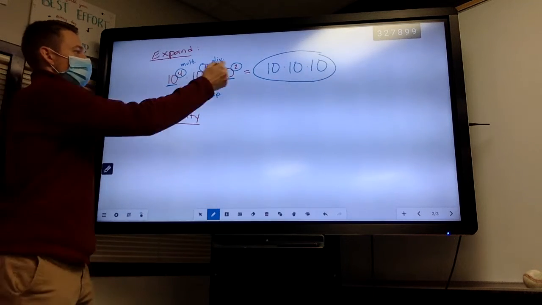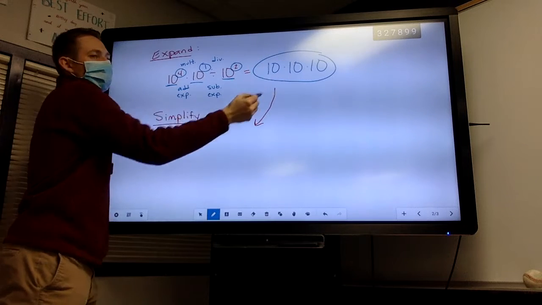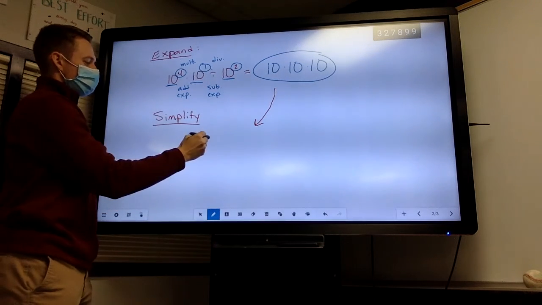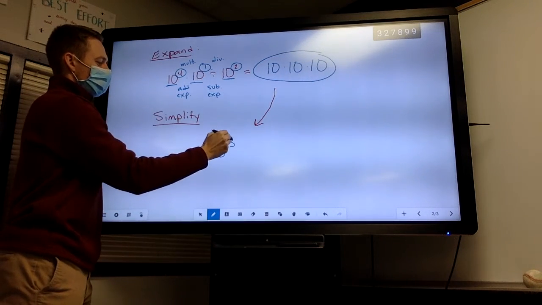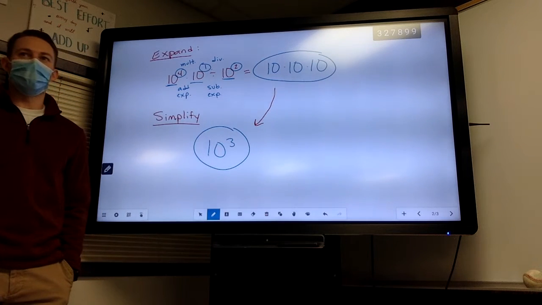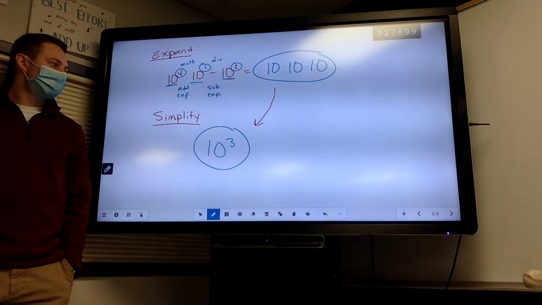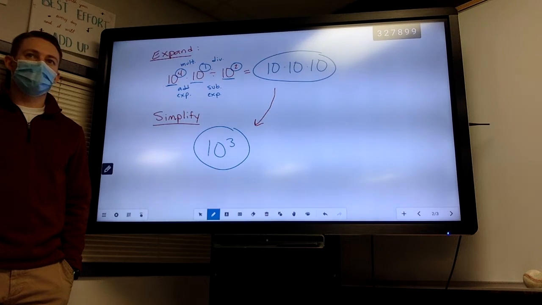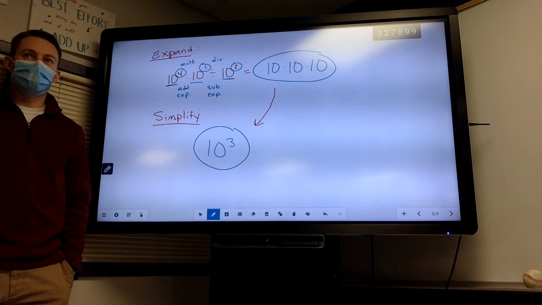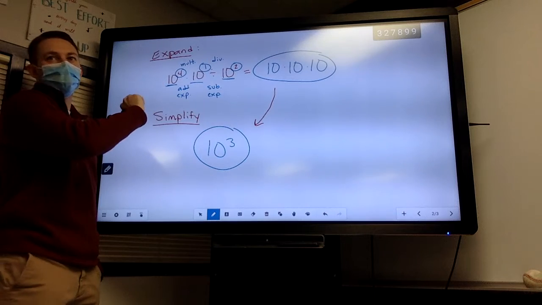And then if we want to simplify this, going down here, how many 10's do we have? 3 of them. So let's write that base number, and we have 3 of them. So our simplified form would be 10 to the third. Does that make sense? For the expanded form, it depends what question you're on.